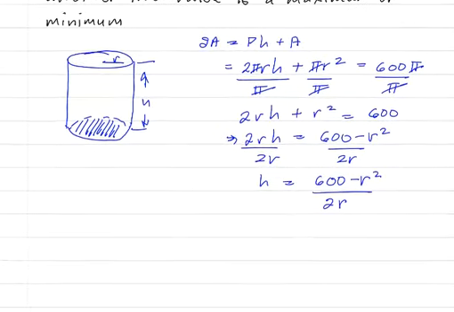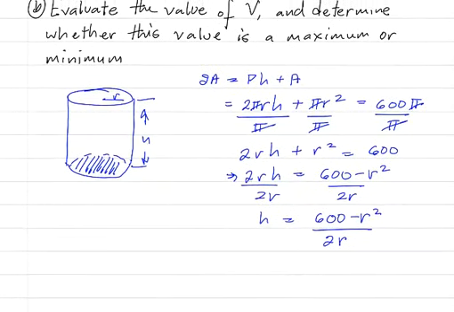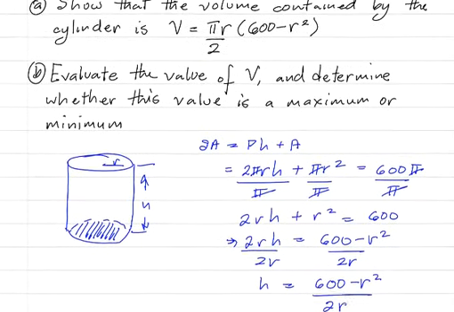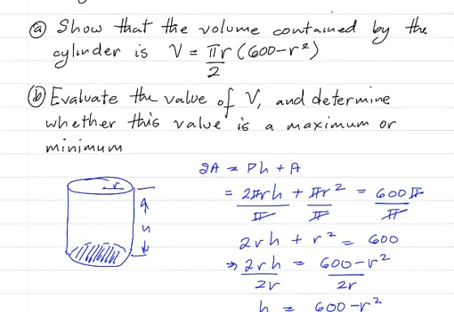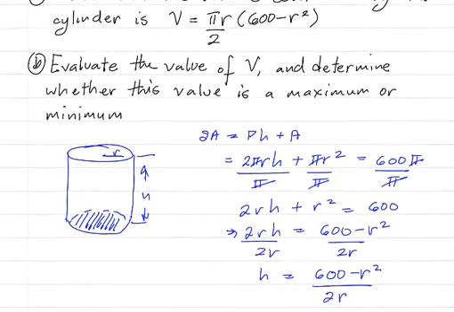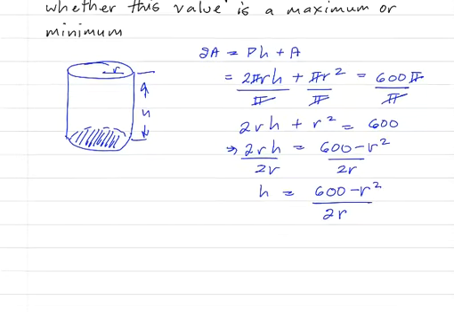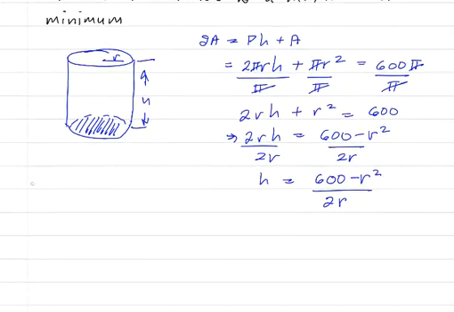Alright, now we're to show what? We're to show that the volume contained by the cylinder is equal to that. Now, the volume of the cylinder, V, is equal to A times h. A cylinder is a solid shape with a uniform cross-section, and the volume of such a solid is V equals A times h, where A is the area of the uniform cross-section and h is the height.